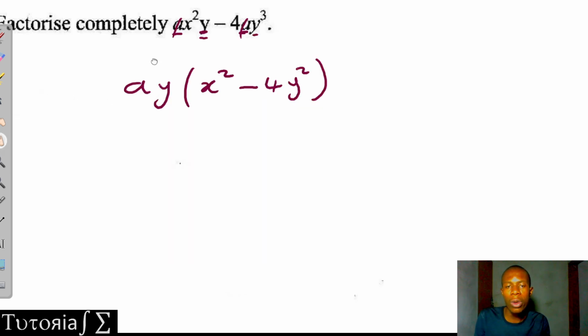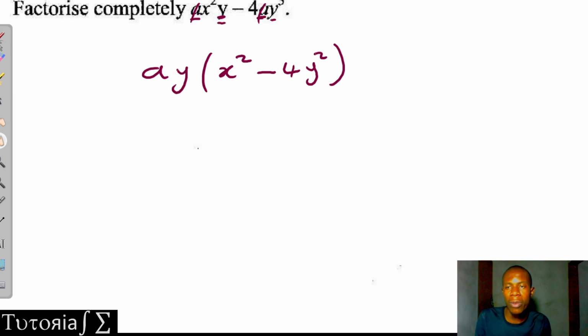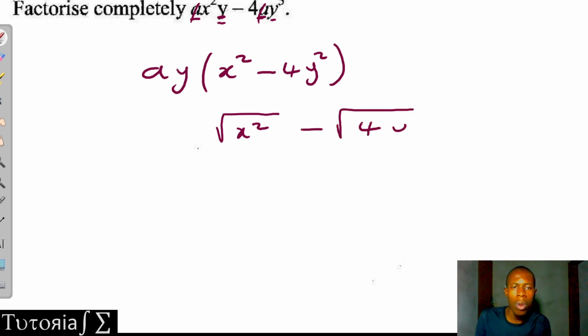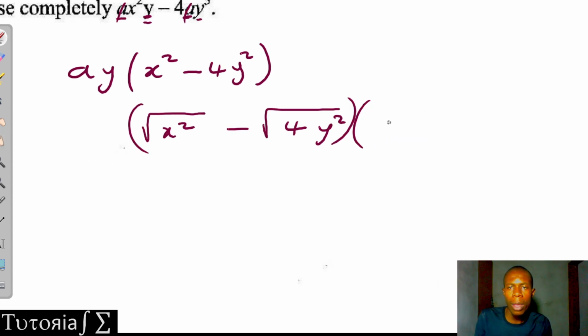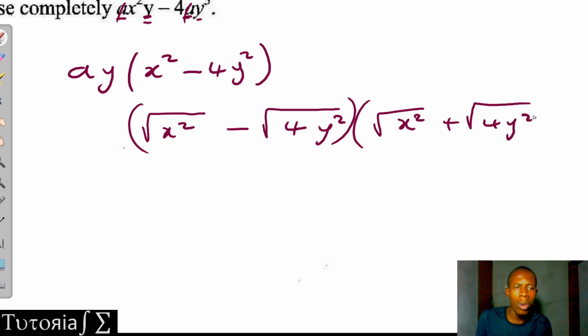Okay, now from here you look at this, so this can be difference of two squares. So for a difference of two squares, what you just do is you're just looking at the square root of x squared minus the square root of this part, which is 4y squared. Then you multiply it with the opposite of the sign, which is the square root of x squared plus the square root of this part, which is 4y squared.